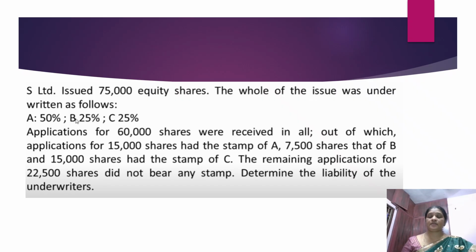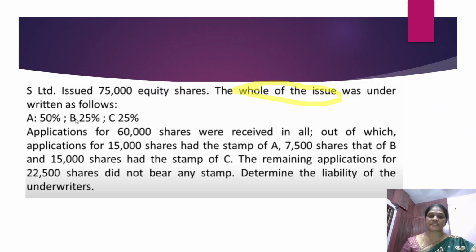We can easily identify the problem: here it is mentioned that the whole issue was underwritten, so it is called complete underwriting. Underwritten as follows: underwriters A, B and C, with A at 50%, B at 25% and C at 25%.